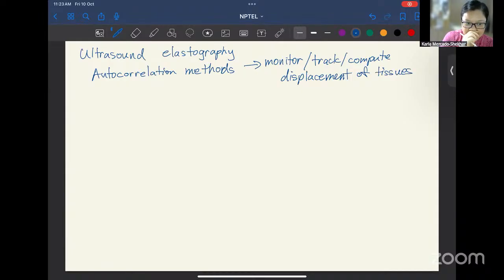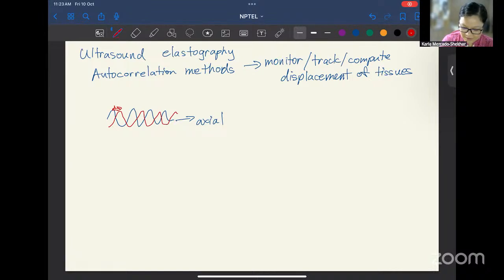We had talked about phase difference methods. So if this was your ultrasound signal, going in the axial direction, the phase-based methods look into how much this has displaced over a certain small range.